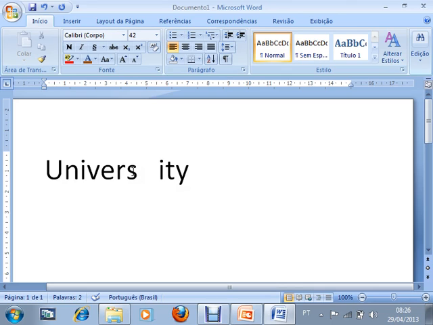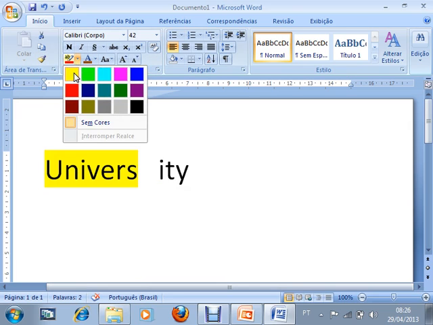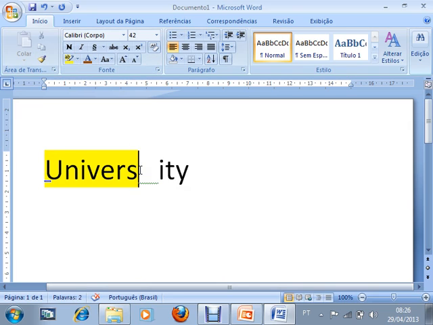And universe. Can I split the word universe into smaller parts? No. So universe is what we call the root. Is it also a morpheme?